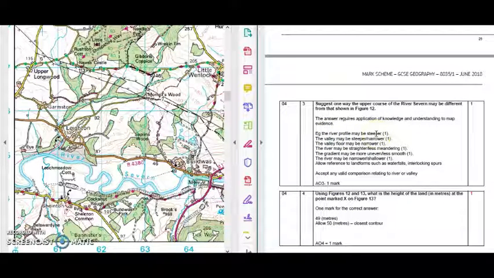You know, you expect higher up in the upper course that there'd be some steep slopes. You'd also expect maybe that the actual river channel itself would be narrower because there's less water nearest the source. You might say that there might be features as well, landforms such as V-shaped valleys or waterfalls.